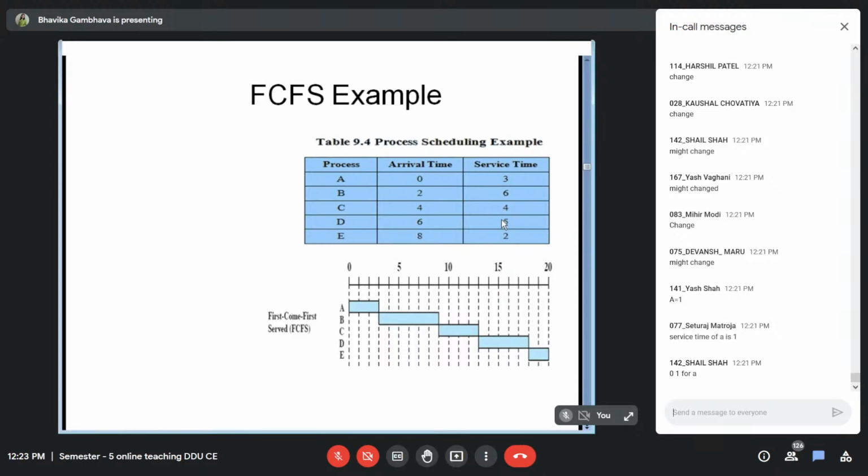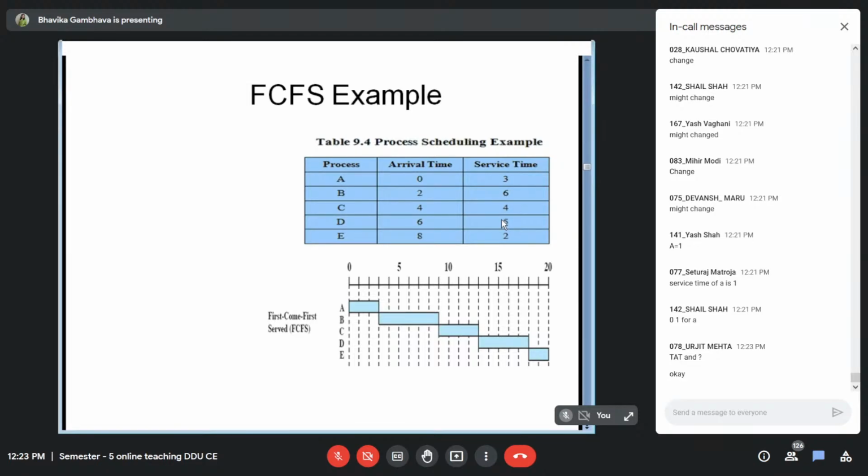Just let me know whenever you are done, so I know how much time to give you. Turnaround time and waiting time. Response time, rather, response time.